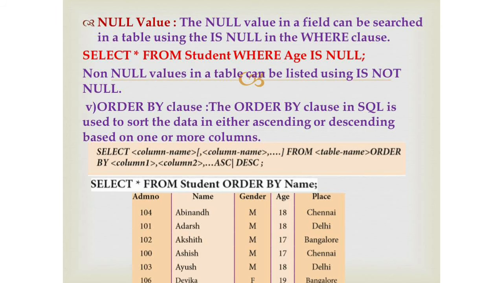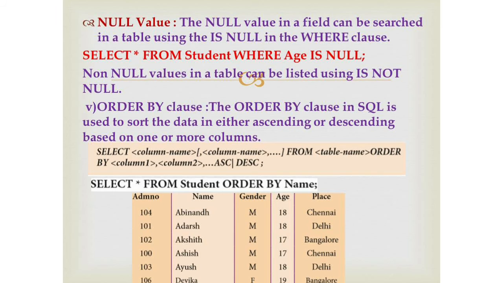Here you can see the ORDER BY syntax: select one or more column names from table name, then the keyword ORDER BY column 1, column 2. You can sort more than one column also, with either ASC for ascending order or DESC for descending order. By default, it will sort in ascending order only. If you specify DESC, it will arrange in descending order.